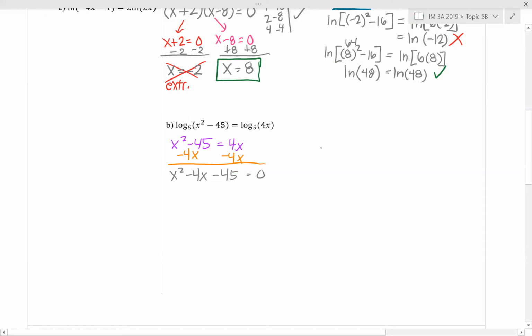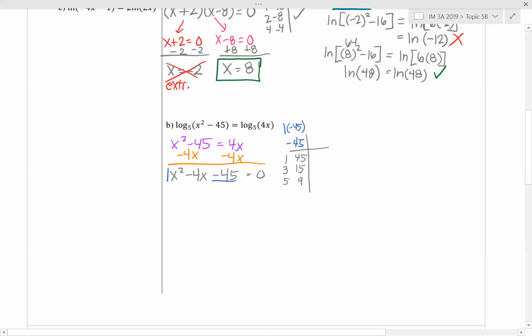From there, we want to do a product sum to determine the factors. Remember that we're multiplying the leading coefficient by the constant, so 1 times -45 gives -45. When we're factoring this, we're thinking about all the possible numbers. So it's always 1 and the number. 3 times 15 makes 45, and 5 times 9 makes 45.